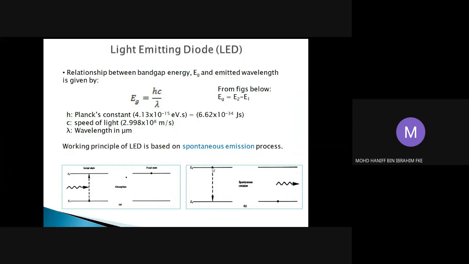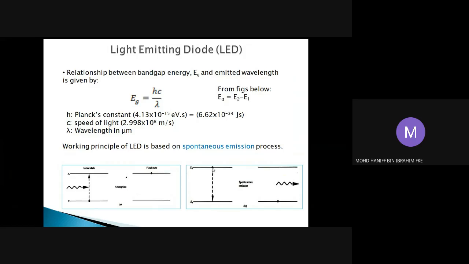The electron at the conduction band will then go down to the valence band, and the movement from the conduction band to the valence band will emit light. This emission of light due to the electron movement from the conduction band to the valence band is what we call spontaneous emission. It happens because the electrons located at the conduction band are not stable, so the tendency for them to move down to the valence band is very high.